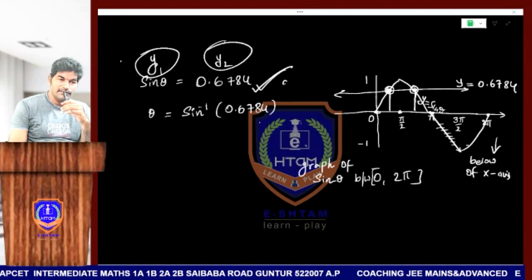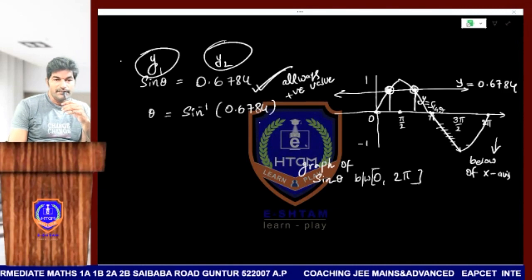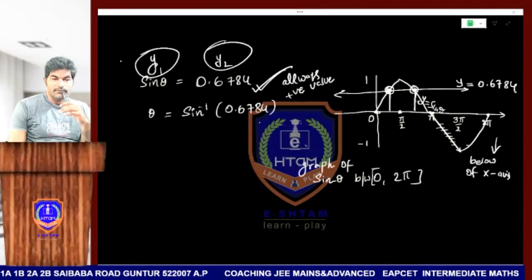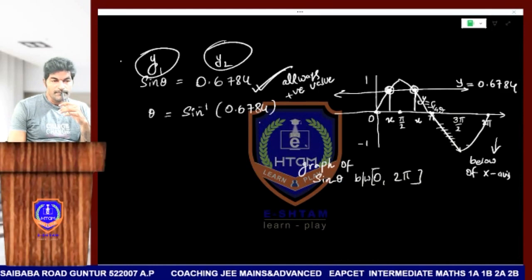It is always a positive value. So that's why it should be above the x-axis, and the curve sine theta and the line 0.6784 cut at 2 different points. Now we are going to calculate the point of intersection of those two.